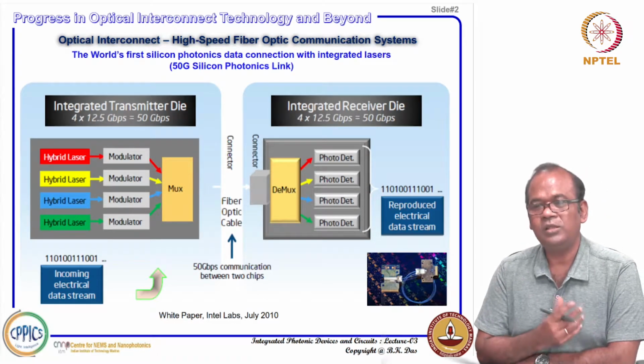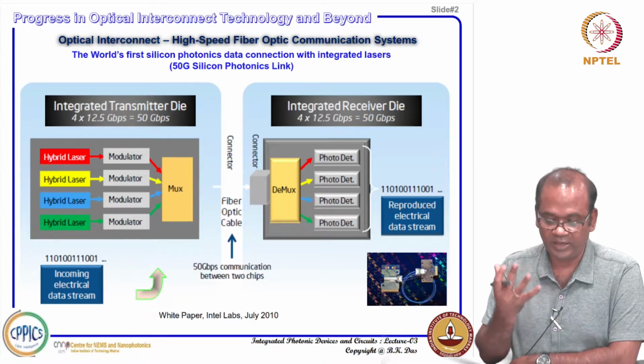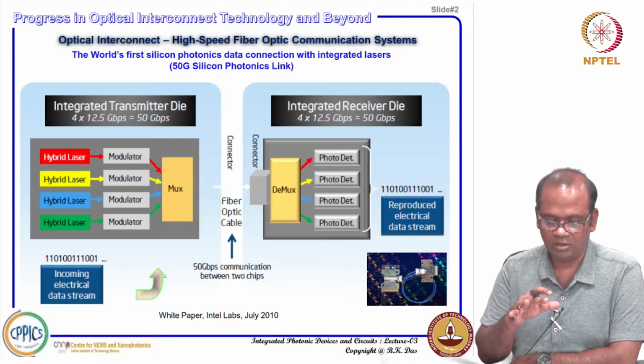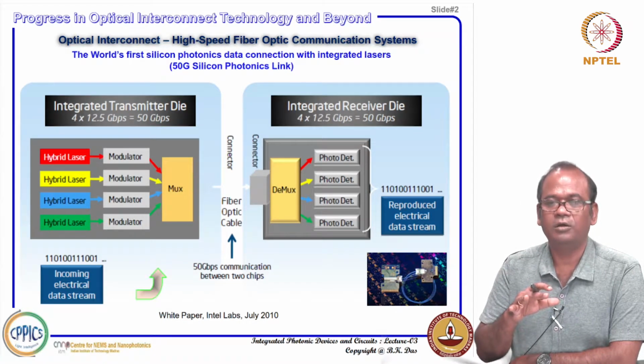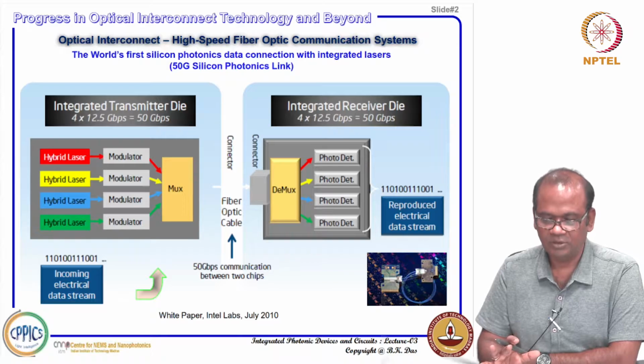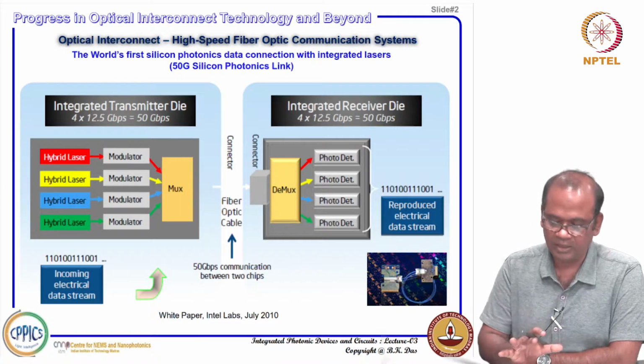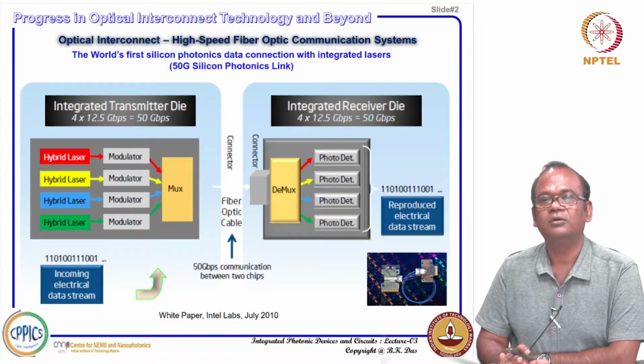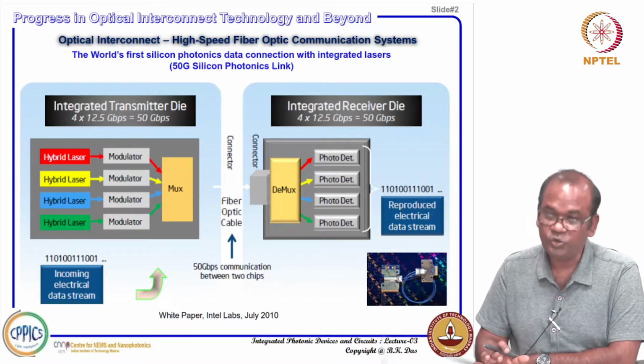All right. So, what are the components required for any optical interconnect? Here I have taken one example, the first silicon photonics data connection, which was demonstrated by Intel for a 50 Gbps optical link in 2010.